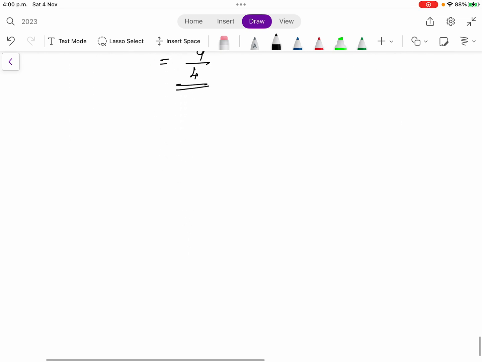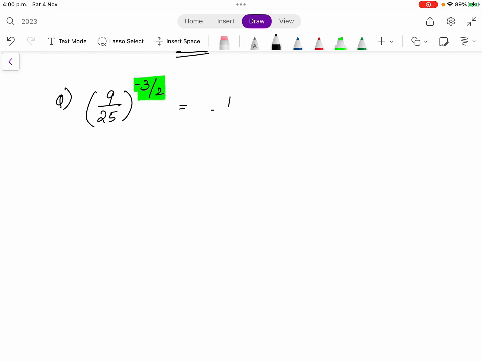Okay. Again another question. 9 over 25 to the power of minus 3 over 2. Okay. So first we need to remove the negative sign. So I will write it as 1 over 9 over 25 to the power of 3 over 2. That can be written as 1 over... I need to simplify this as a to the power of p over q formula.